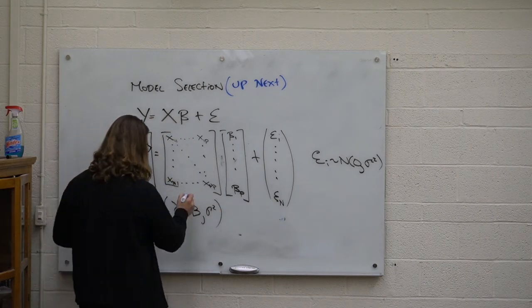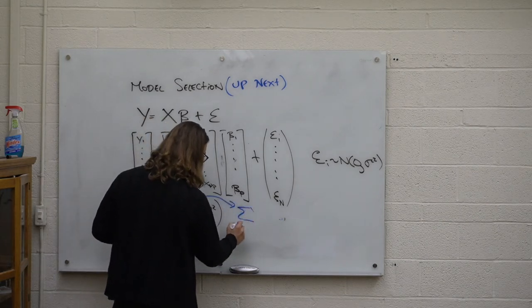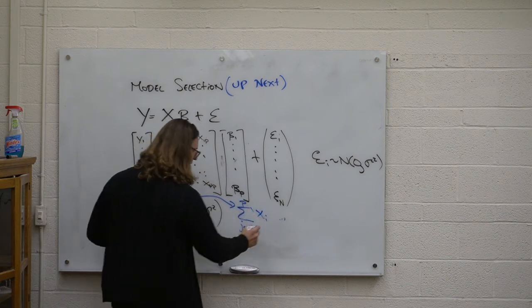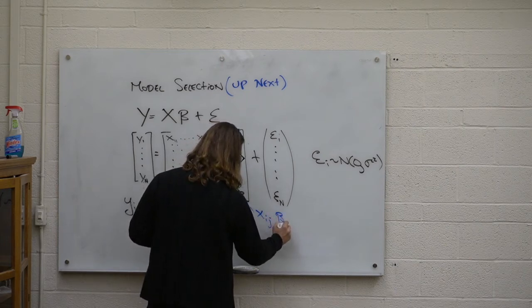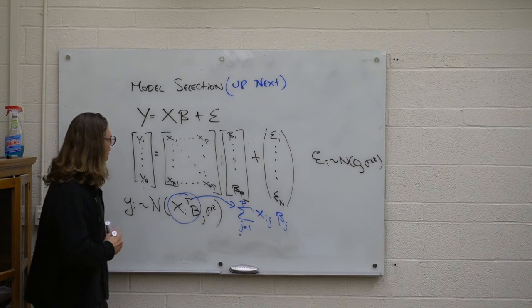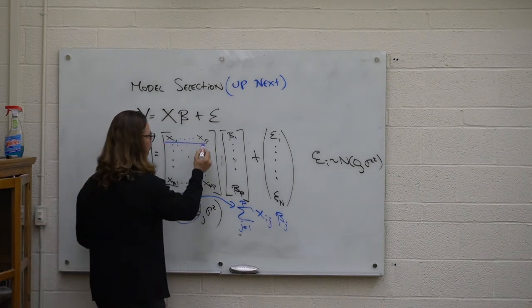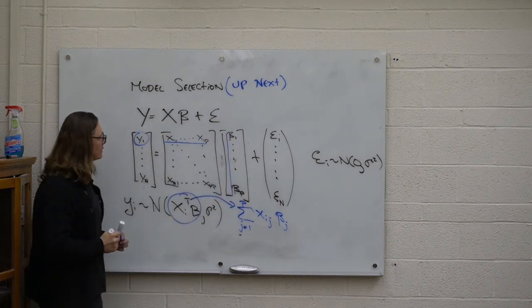Or this xi transpose beta, what I mean by that is it's just this linear sum. So j is going to go from 1 to p. I'm going to have these covariates xij times beta j. And so for this first one right here, it's going to be the dot product between that and that right here. And that's what's expressed right here.